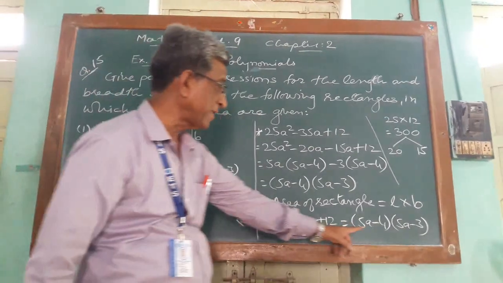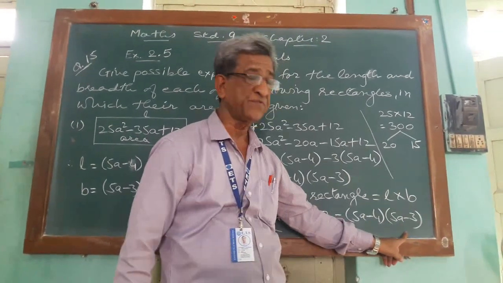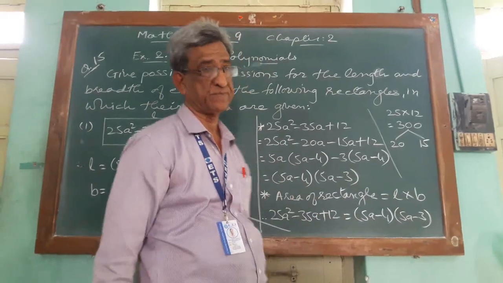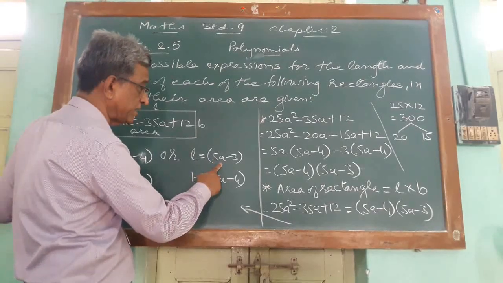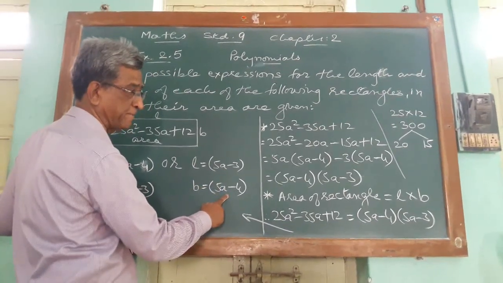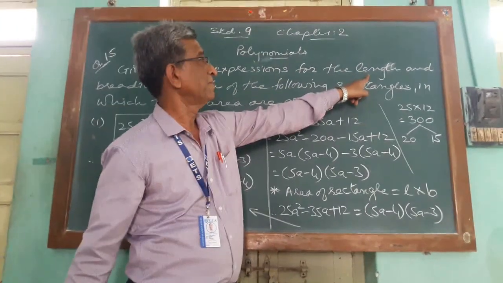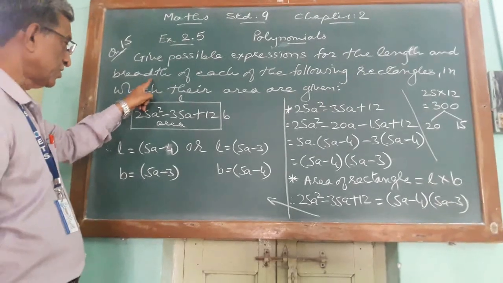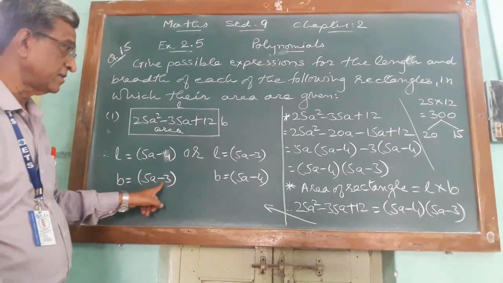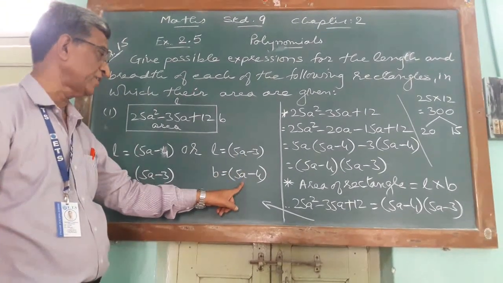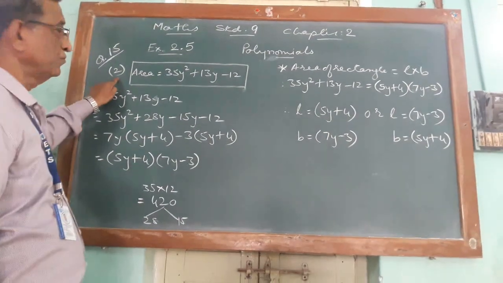You can interchange the brackets also. If you write 5a minus 3 here and 5a minus 4 here, it makes no difference. So length is 5a minus 4 and breadth is 5a minus 3, or length is 5a minus 3 and breadth is 5a minus 4. Answer.